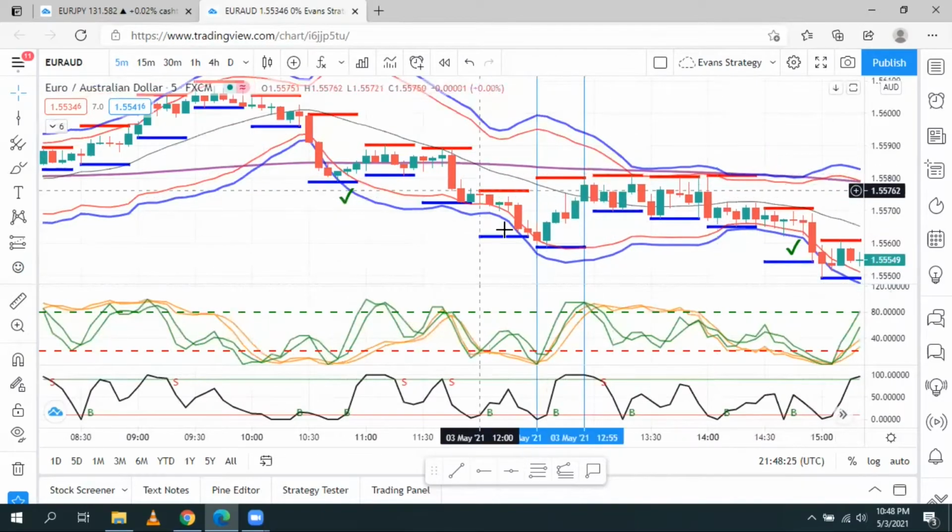If the market just touched the lower Bollinger Band and the market is moving to the middle Bollinger Band, that is the 20 EMA, that single line in between, and is touching it, it is most likely for the market to reverse if you are on a downtrend.